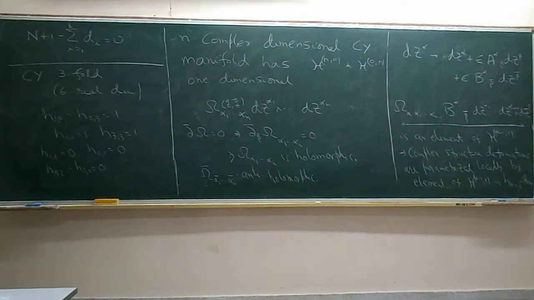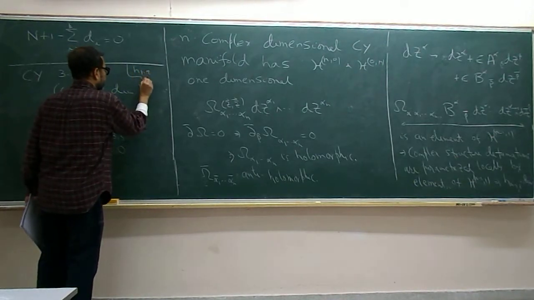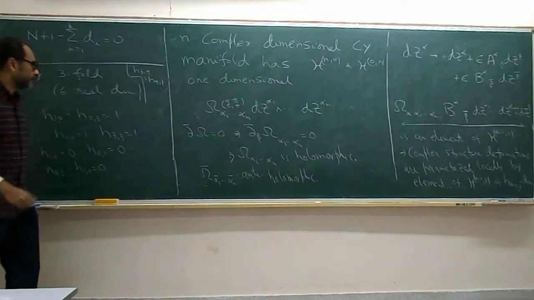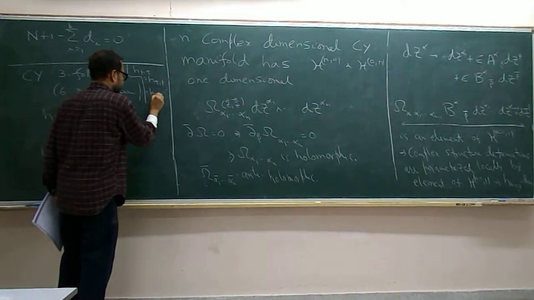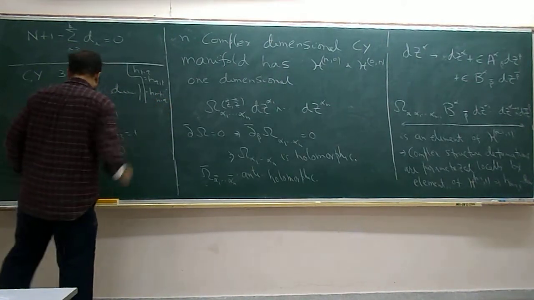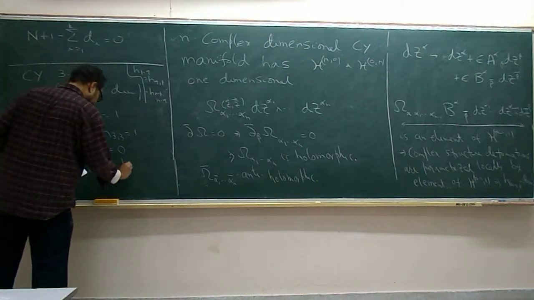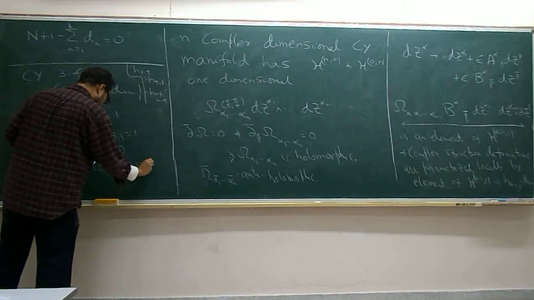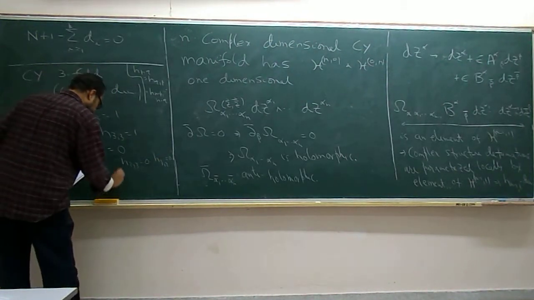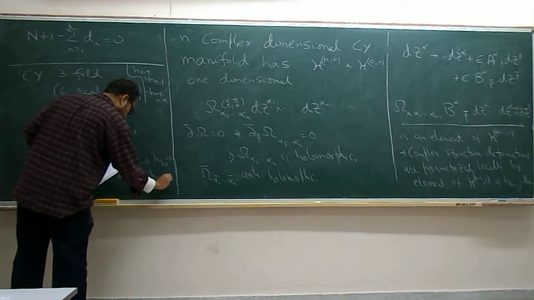And then there is a duality: H^{PQ} is H^{QP}, of course because of the complex conjugation, but there is also H^{n-P,n-Q}, this is the Hodge duality. So using this we can also set many of the other things to 0. In particular H23 equals 0, H32 equals 0, H13 equals 0, H31 equals 0.